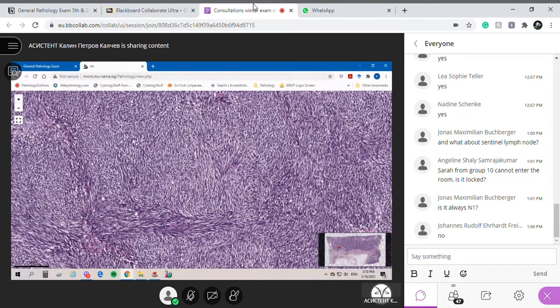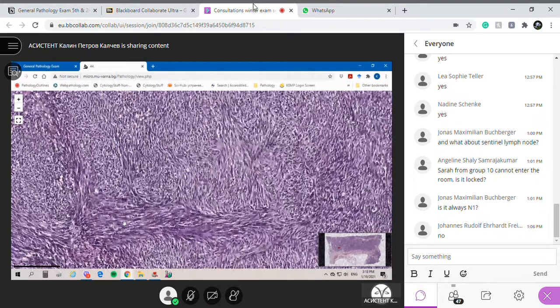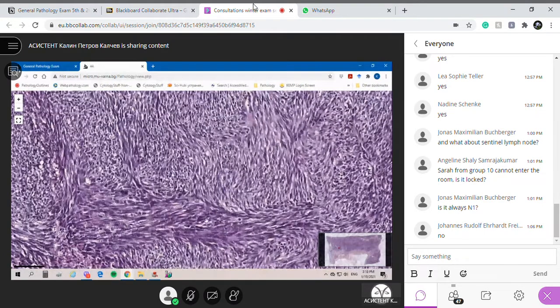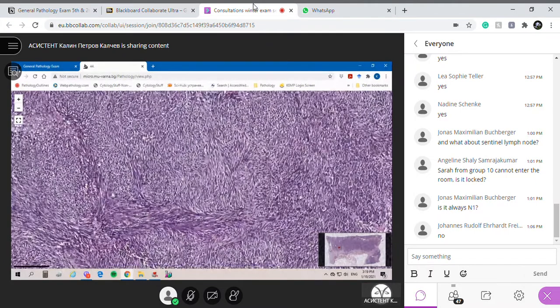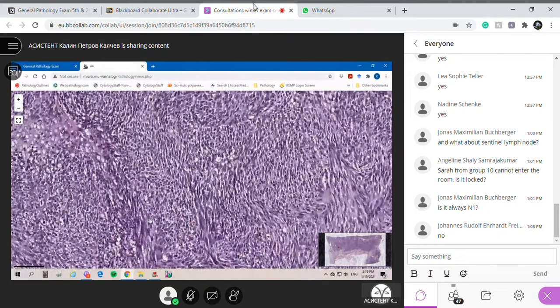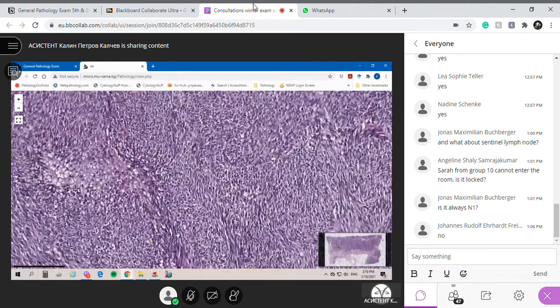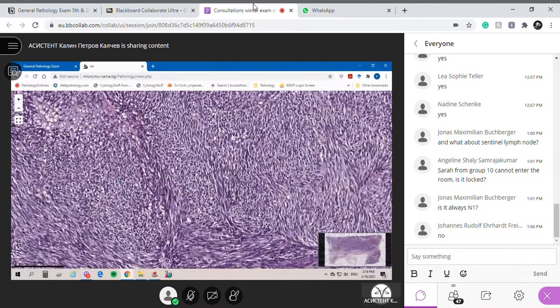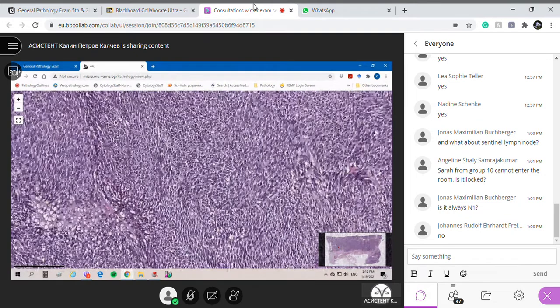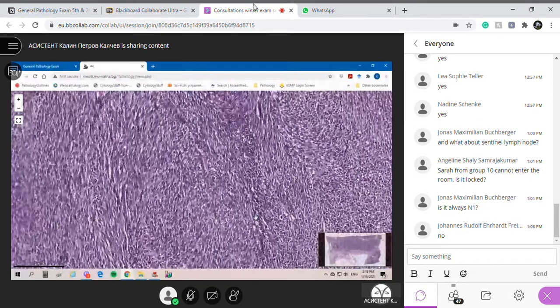The tumor is composed of spindle cells, but these spindle cells are not properly arranged. They are chaotically disarranged. They make these fascicles, and very typical for that tumor is that herringbone structure of the fascicles. You see some of the cells go in this direction, others go in this direction. So this is the herringbone structure of the fibrosarcoma.